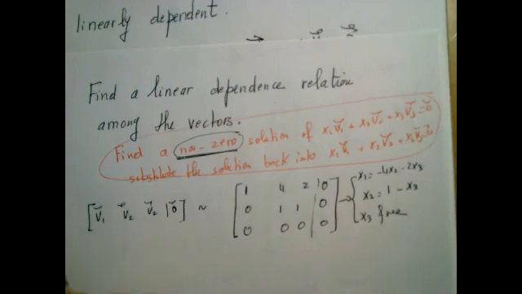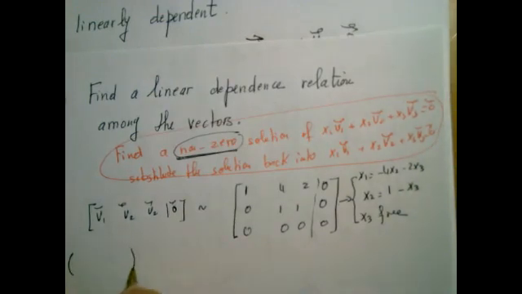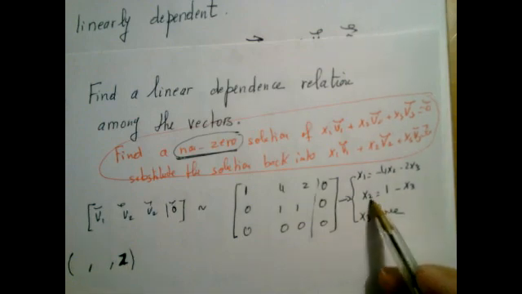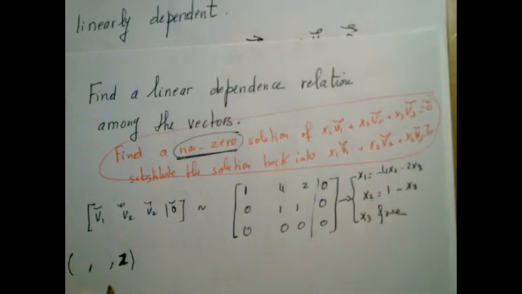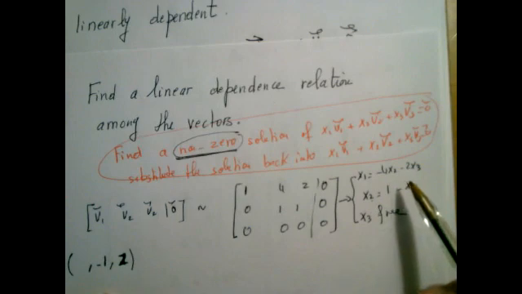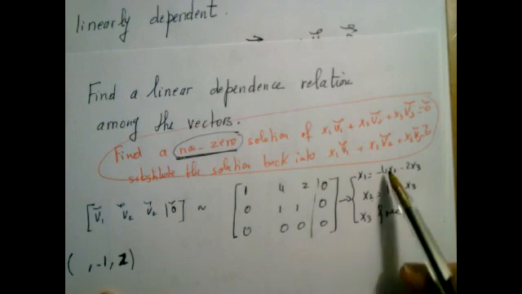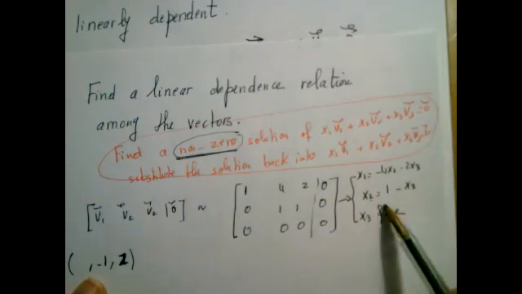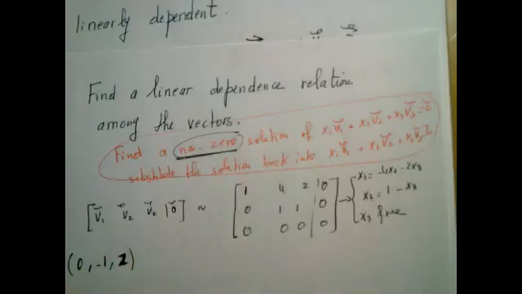So one non-zero solution: you have to give a value for x3, and you can give me anything you want. Suppose I take x3 to be 1. Let me take x3 to be 2. I don't care, you can pick anything. x2 is 1 minus 2, which is minus 1. And what would be x1? Minus 4x2, it means it's a 4. 4 minus 4, okay, I get a 0.